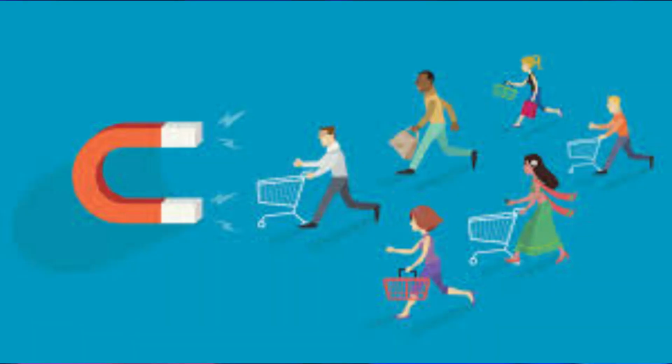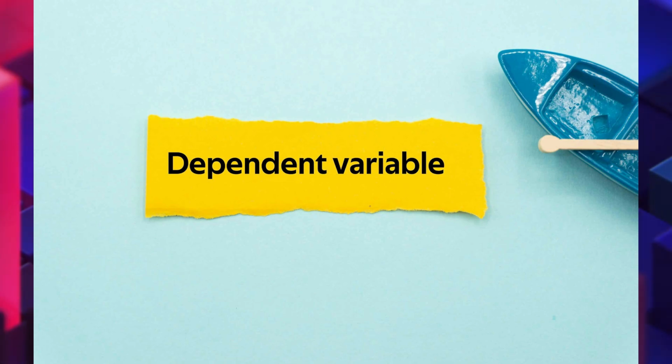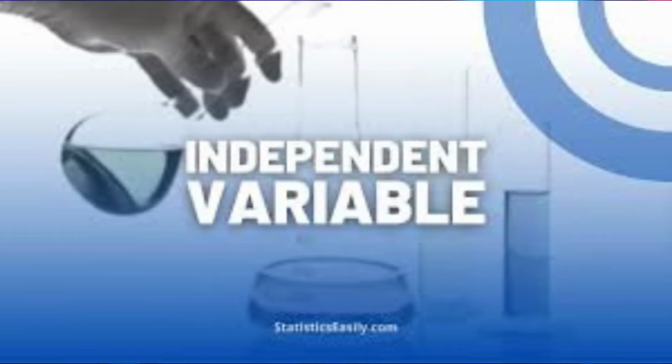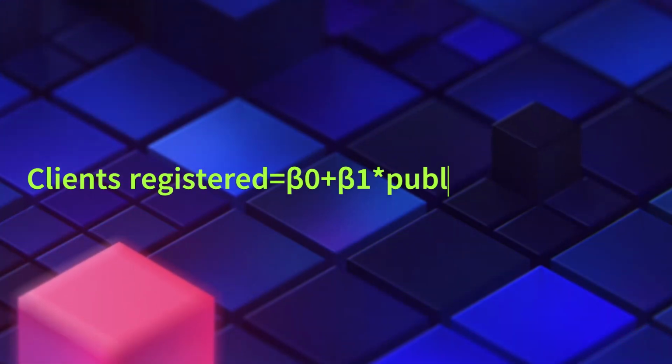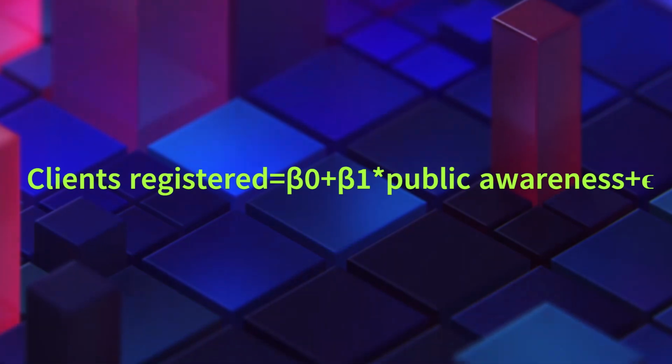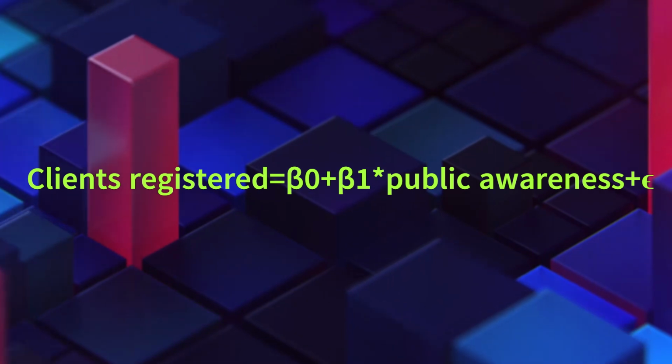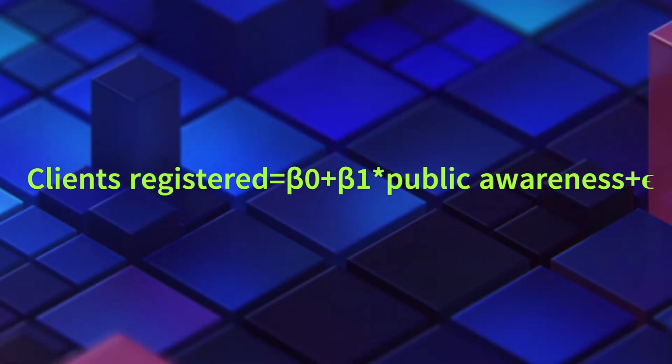So the customers registered is our dependent variable, and the public awareness campaigns is our independent variable. We can present this as a simple linear regression by taking the number of clients registered in future as the y, and x to be the number of public awareness campaigns conducted.